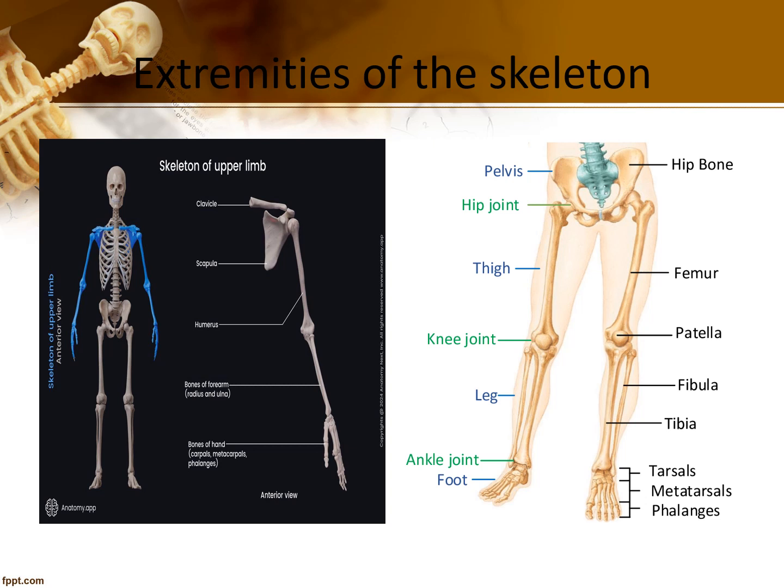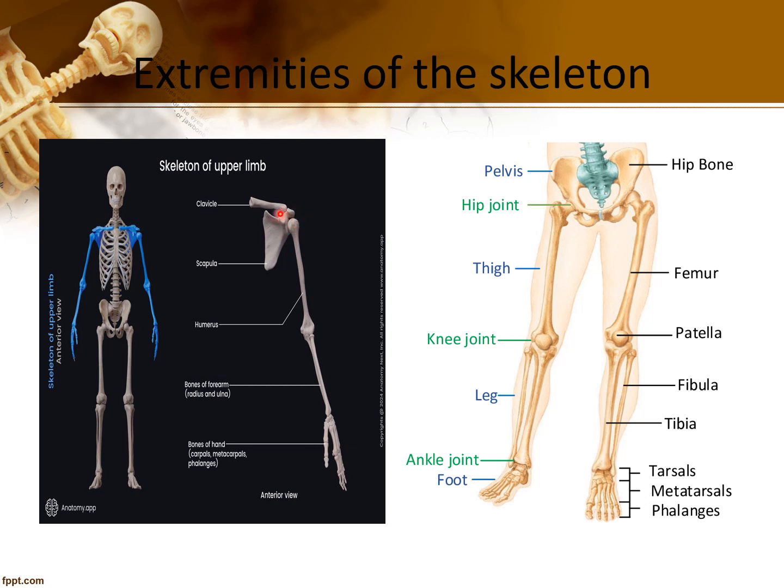There are 2 types of extremities: the upper extremities and lower extremities. The upper extremities are joined to the trunk by the shoulder girdle.